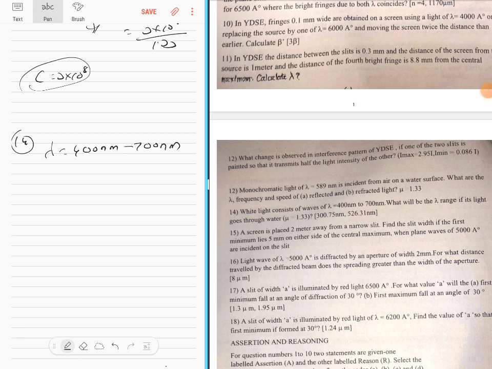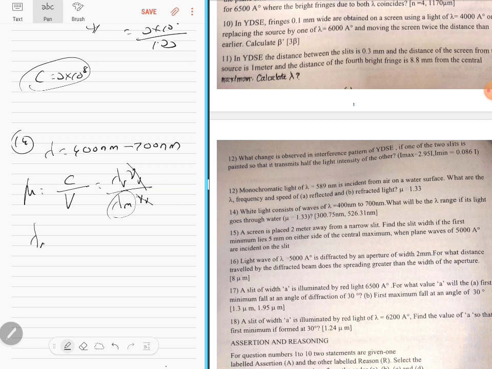You know this formula: refractive index is equal to speed of light in vacuum by speed of light in medium, which is nothing but lambda in vacuum into frequency by lambda in the medium into frequency, where the frequency does not change. So refractive index is equal to wavelength in vacuum by wavelength in the medium.